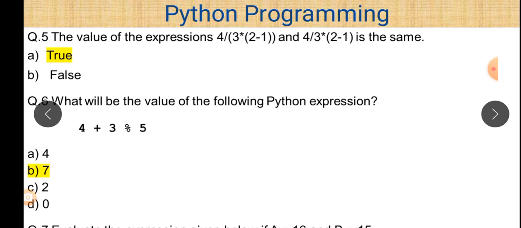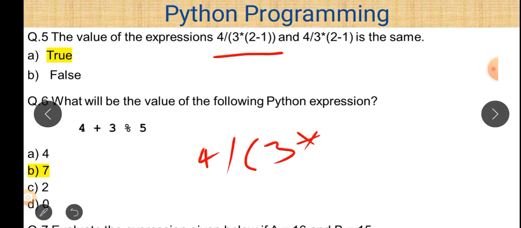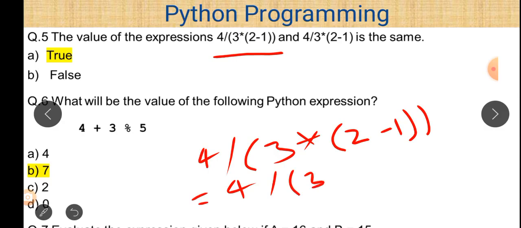So the question is, are both the same or not? Let us talk about the first expression. First of all, the bracket should be evaluated. If we solve 4 divided by 3 multiplied by (2 minus 1), first the inner bracket should be solved. That means we get 4 / (3 multiplied by 1), and then the outer bracket should be solved.